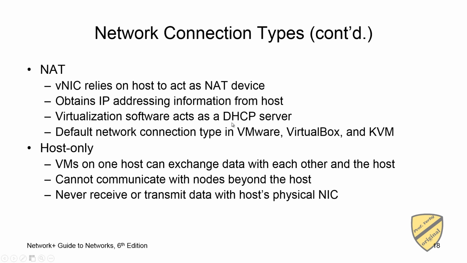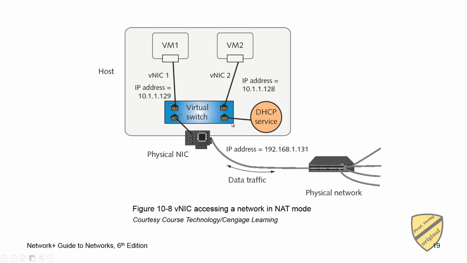So the contrast is, we saw before there was a DHCP server out here that it contacted and asked for an IP address. Instead, in NAT, using a private address, it just goes to the VMware software and says, I need an IP address, and the host device gives it a new IP address.